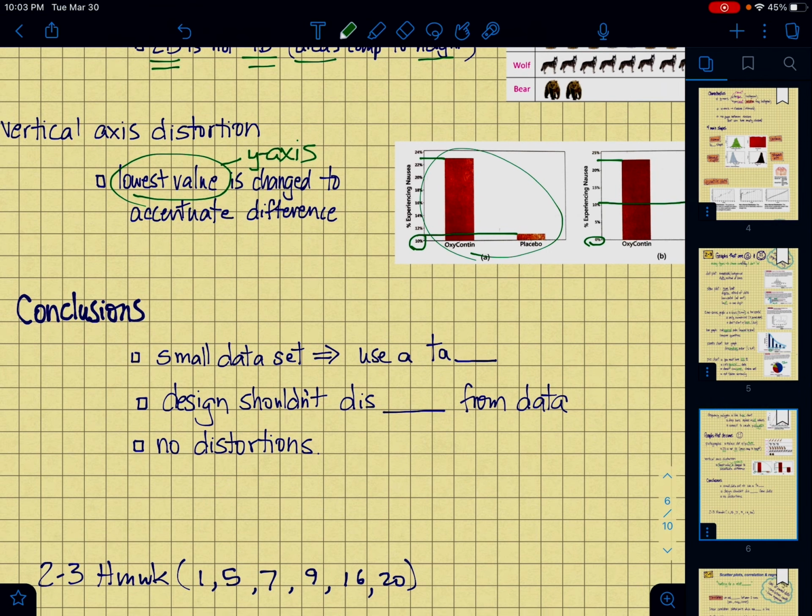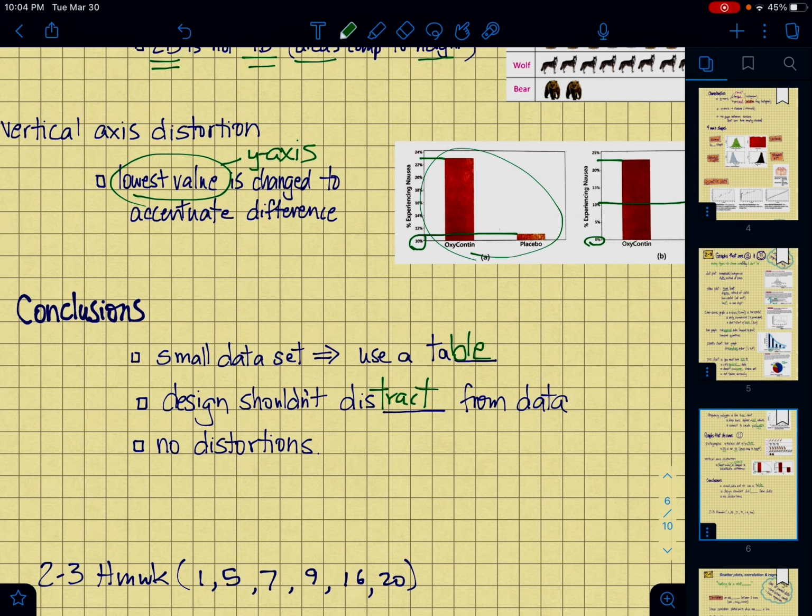Final few conclusions here about looking at this data. Number one, don't use a graph when your data set is small, right? Make a little histogram, that type of thing. Don't table it up. Number two, don't distort, right? Oh, sorry, not distort. That was the last one.